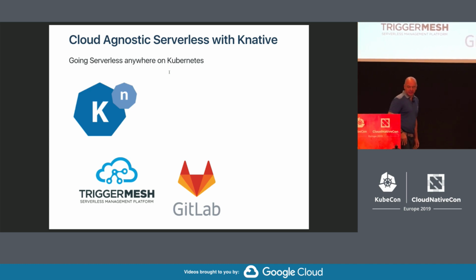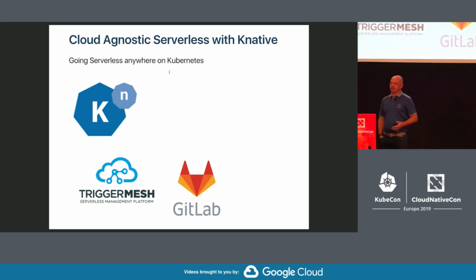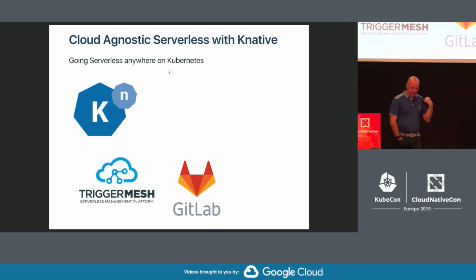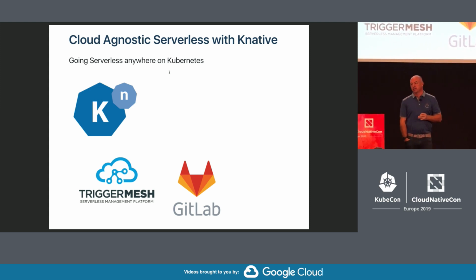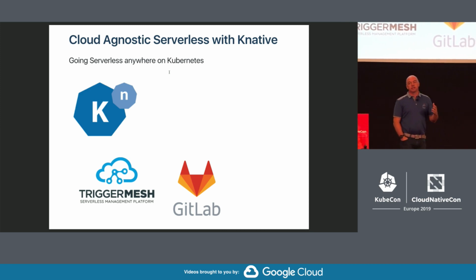So we're here to talk about Cloud-Agnostic Serverless with Knative. We've done this tutorial in partnership with GitLab, and I'm the founder of TriggerMesh. GitLab and TriggerMesh work actively together, and we've developed the integration of Knative inside GitLab.